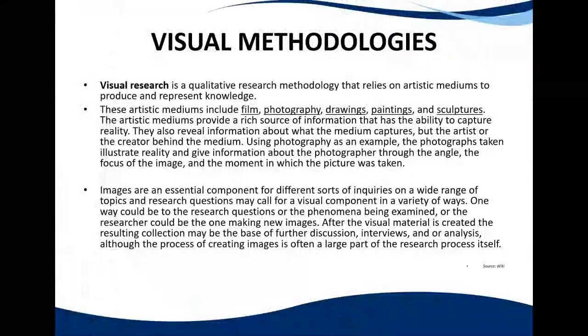And visual methods have become popular over time. And we can link visual methods with the critical emancipatory paradigm because of the interactive nature, mostly, not all the time, the interactive nature of visual methodologies, right?